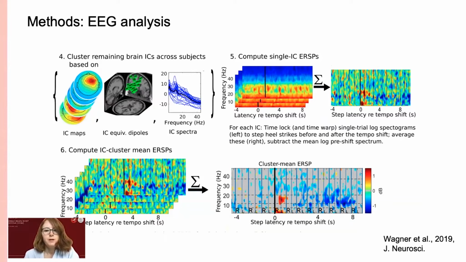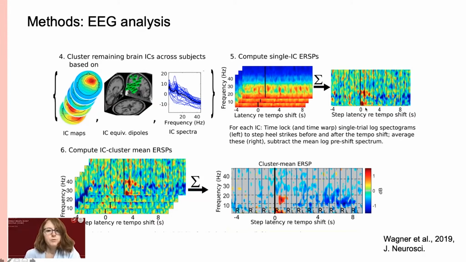We then clustered the remaining brain ICs across subjects based on the scalp maps, the dipole locations, and the frequency spectra. And to align the heel strikes over trials and over subjects, we computed single trial spectrograms, and we time warped them to the median step latency across subjects using linear interpolation.